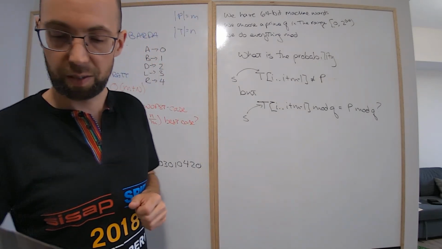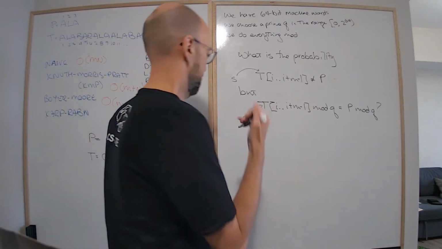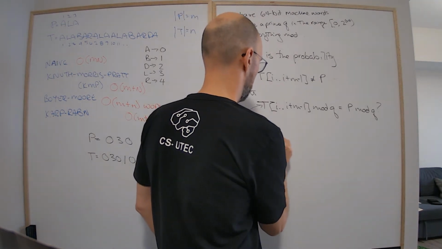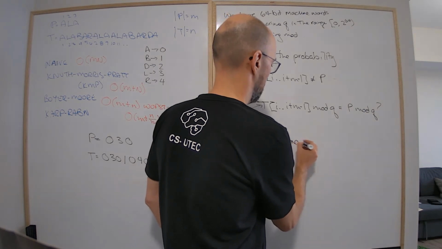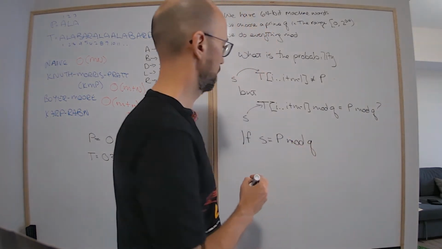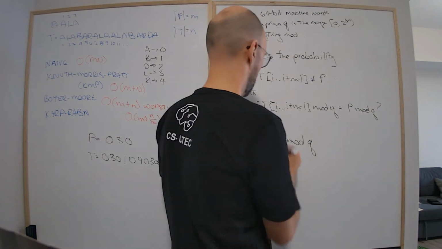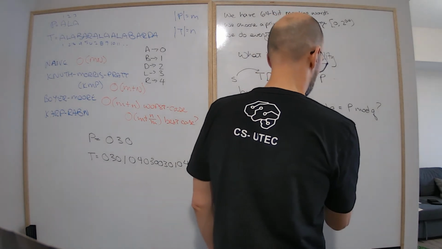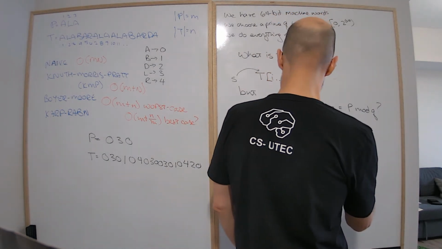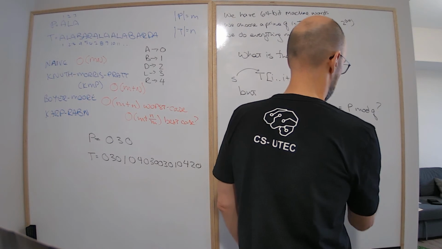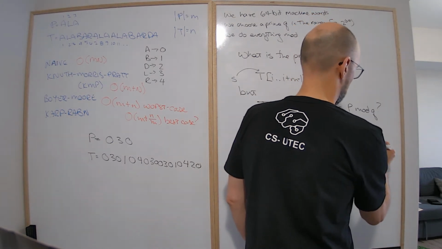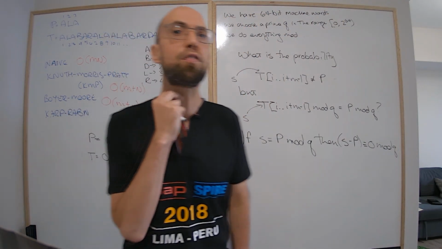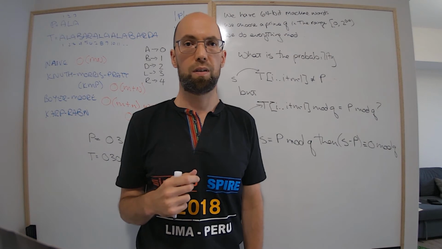Well, if S is congruent to P mod Q, so this just means that mod Q they're the same, then S minus P is congruent to 0 mod Q. So then their difference is a multiple of Q.